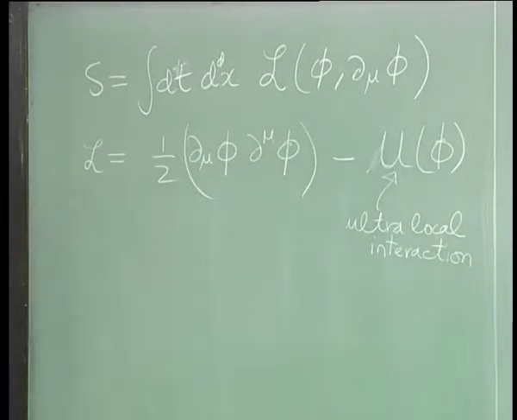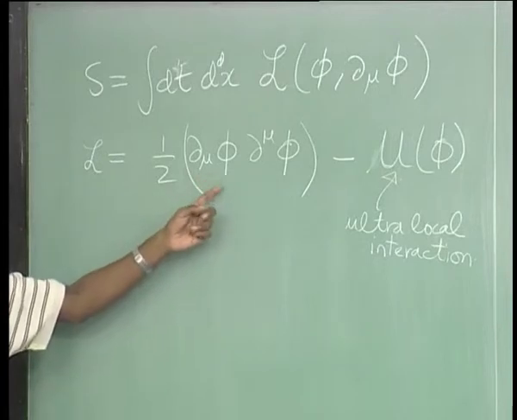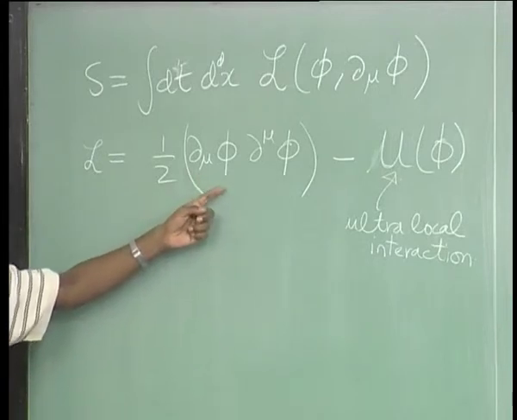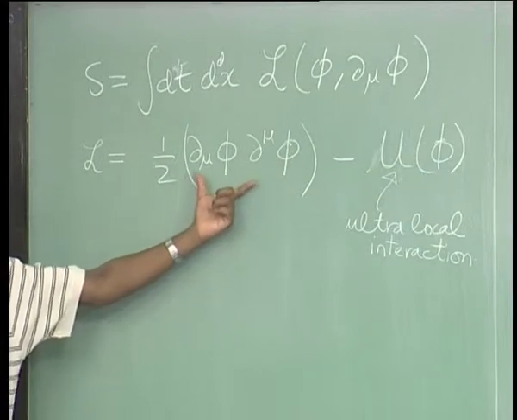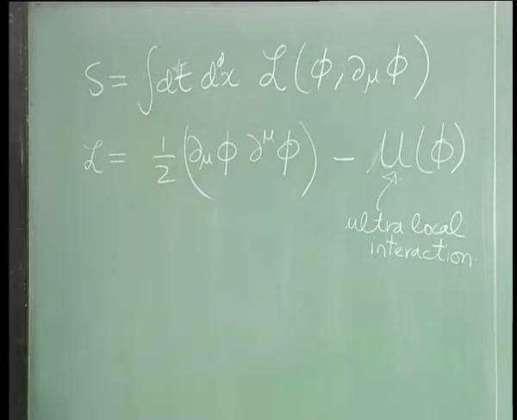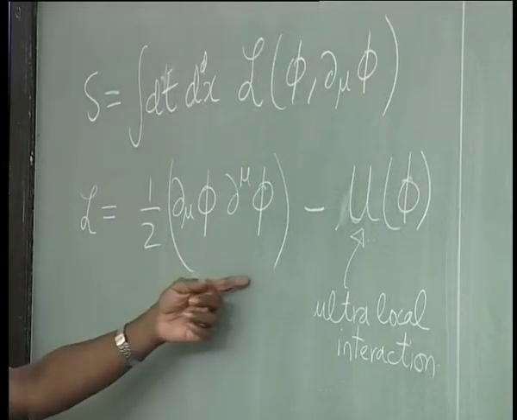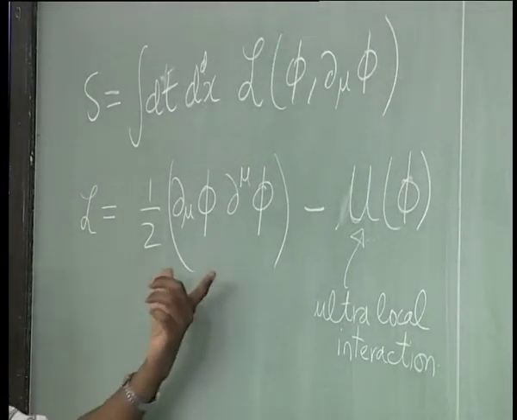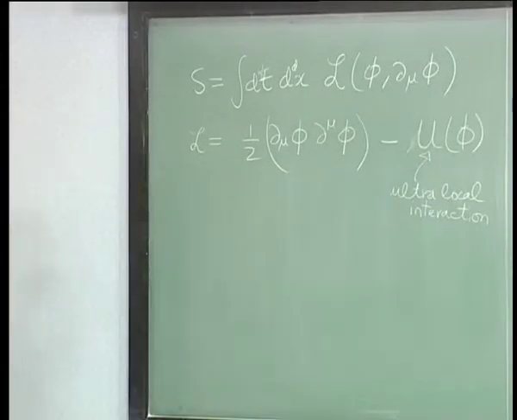So, in continuum field theories, one loosely refers to this term as the kinetic energy term, even though the spatial derivative part of this is actually not truly a kinetic energy in the sense of classical mechanics, but nevertheless this is the general structure. We call this the kinetic energy, and this we will call the potential energy.